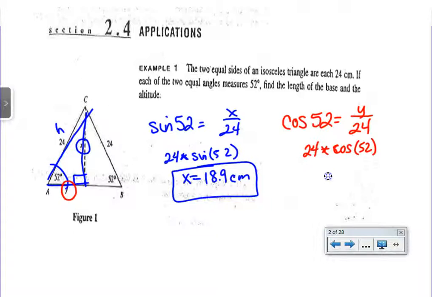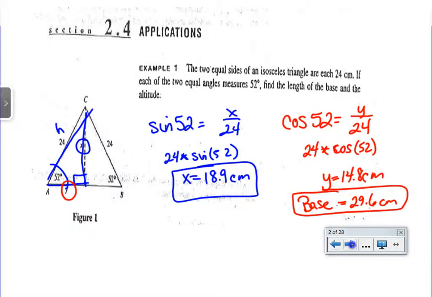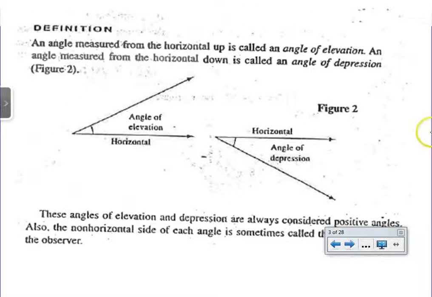And if you type that in, I think you get 14.8 centimeters. Now, that doesn't necessarily mean that the whole base of that triangle is 14.8. The base of the triangle is going to be 14.8 times 2, so 29.6 centimeters. Alright, so that should be very familiar from your geometry and Algebra 2 life.